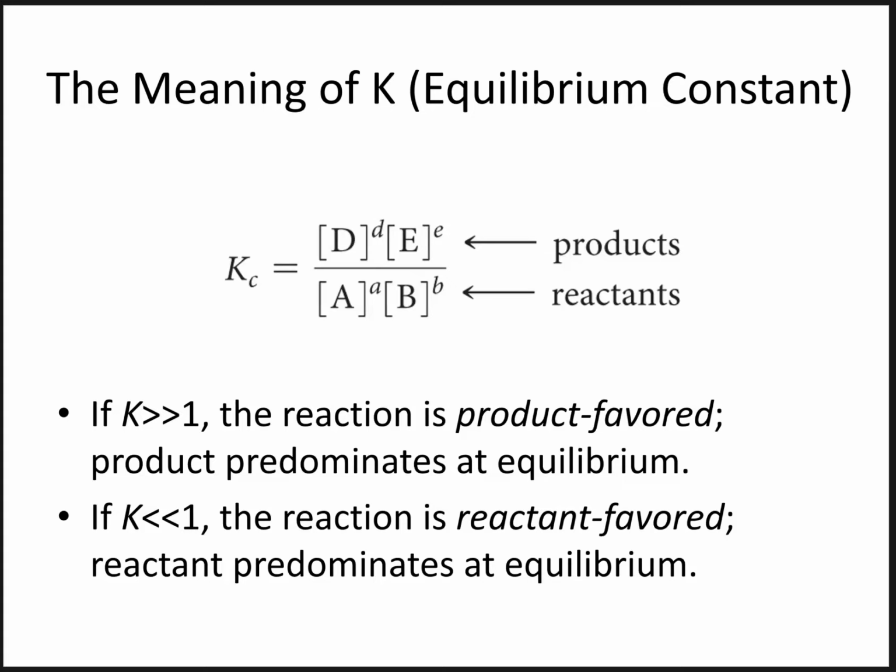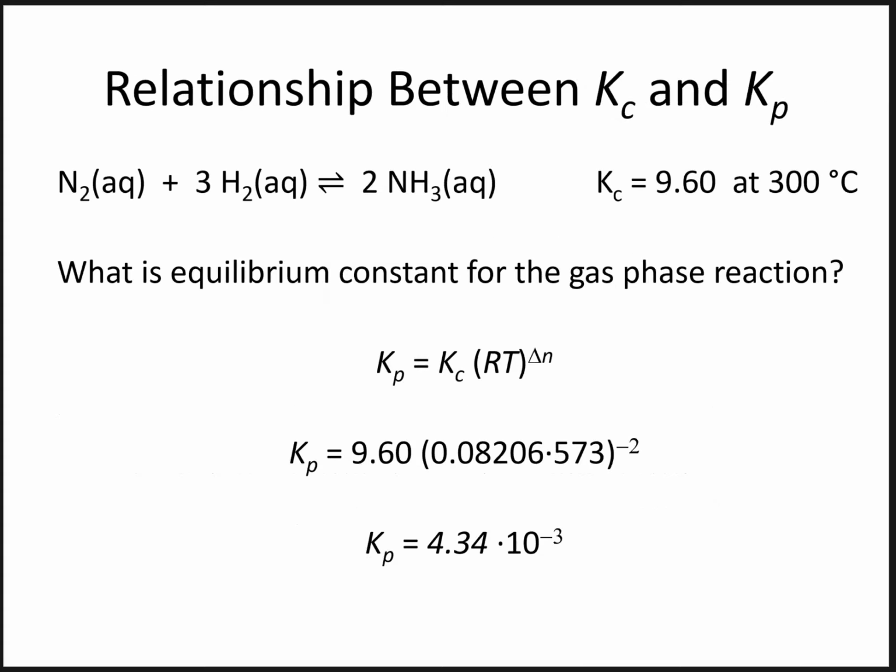So being able to interpret the meaning of the equilibrium constant is going to be important in informing us what we know about the reaction. In the previous slide here, we saw that Haber's reaction in solution has a K value of 9.6, which means that it would be a product-favored reaction in solution.